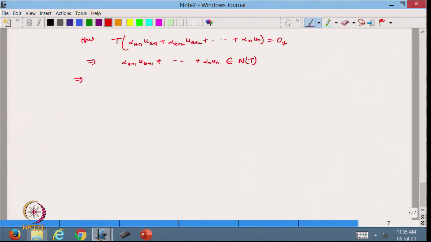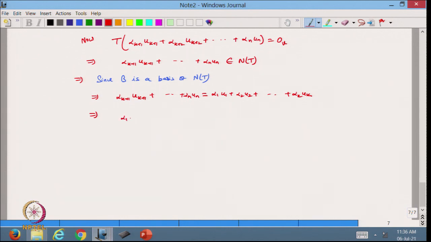So, since B is a basis of N(T), we can write alpha k plus 1 u k plus 1 plus up to alpha n u n as a linear combination alpha 1 u 1 plus alpha 2 u 2 up to alpha k u k, and from here I can take this on the right hand side.